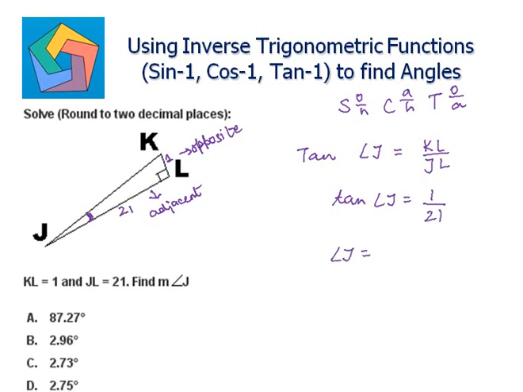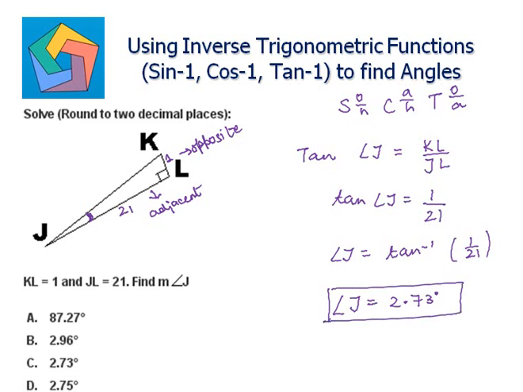Angle J is equal to tan inverse 1 by 21. So angle J is approximately 2.73 degrees, which is the answer I see in the C part.